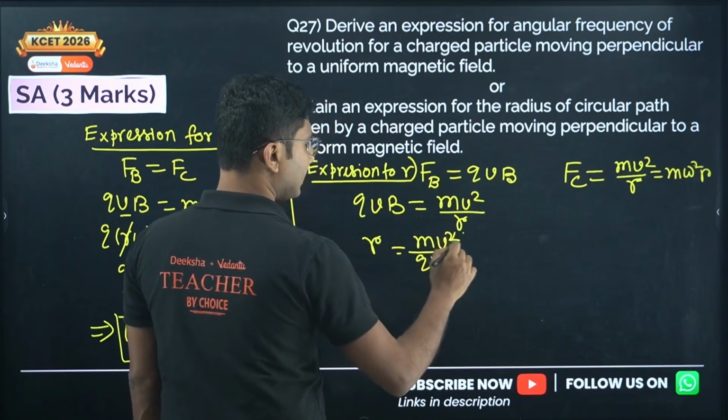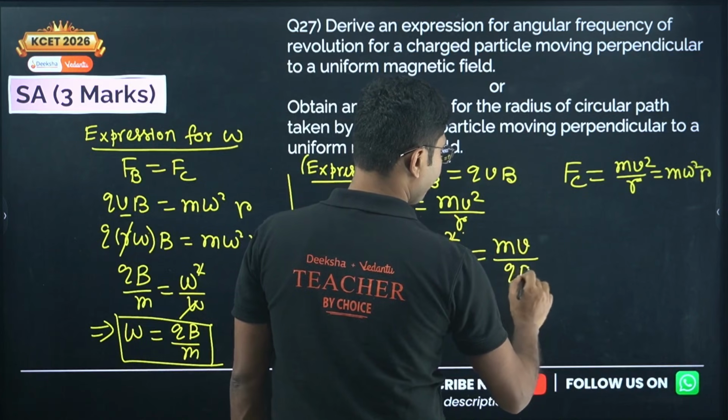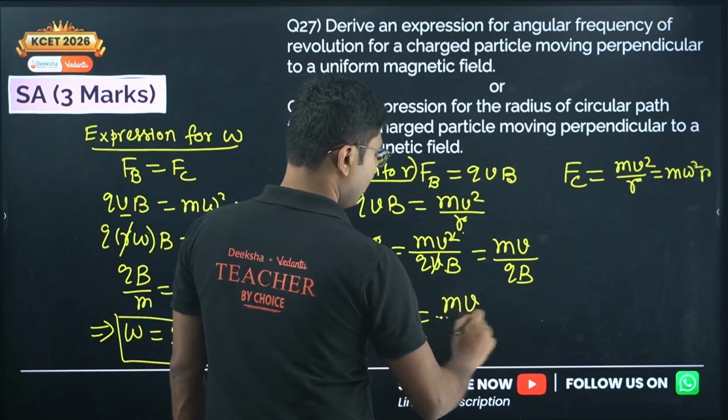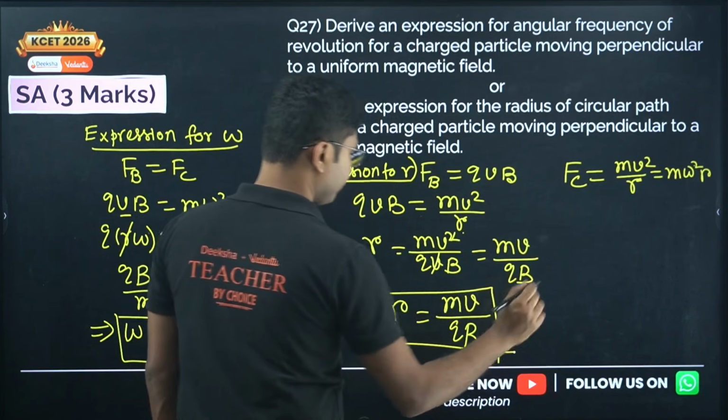One of the V's gets cancelled, so mv by QB. So R equals mv upon QB. So this is the correct formula.